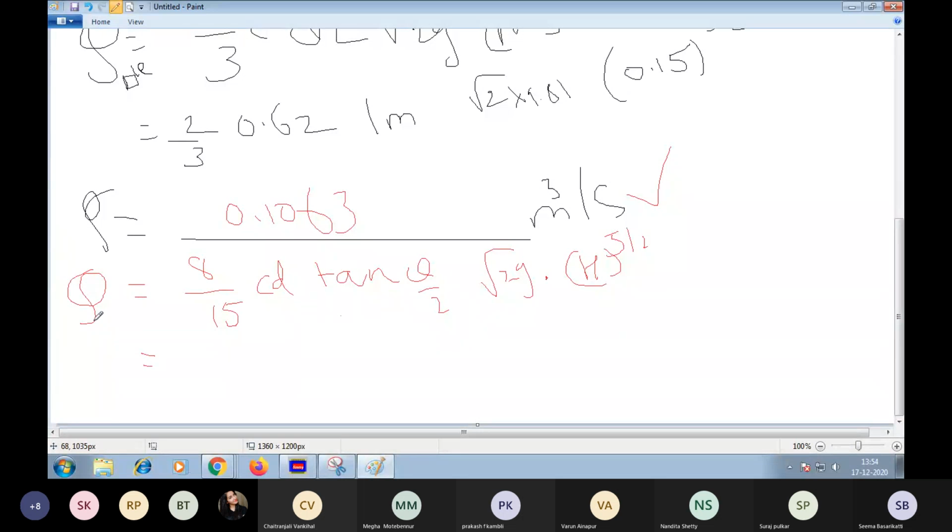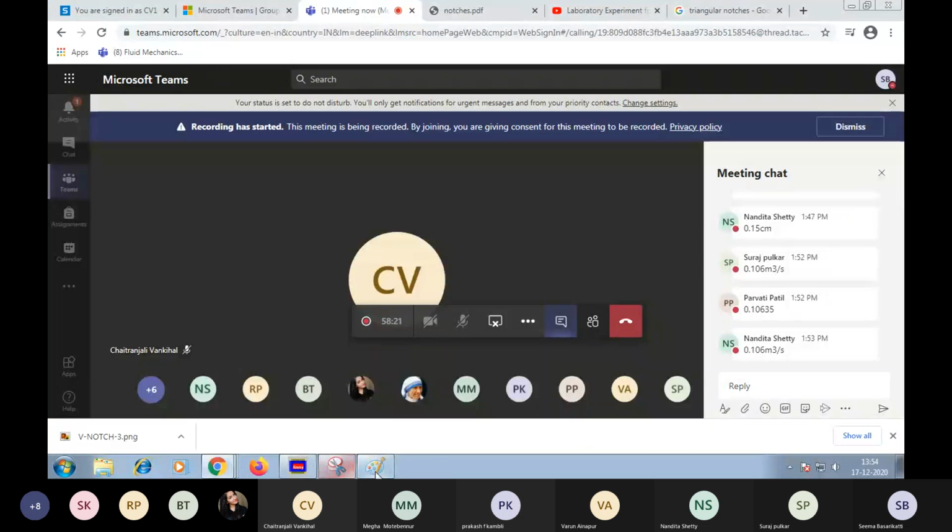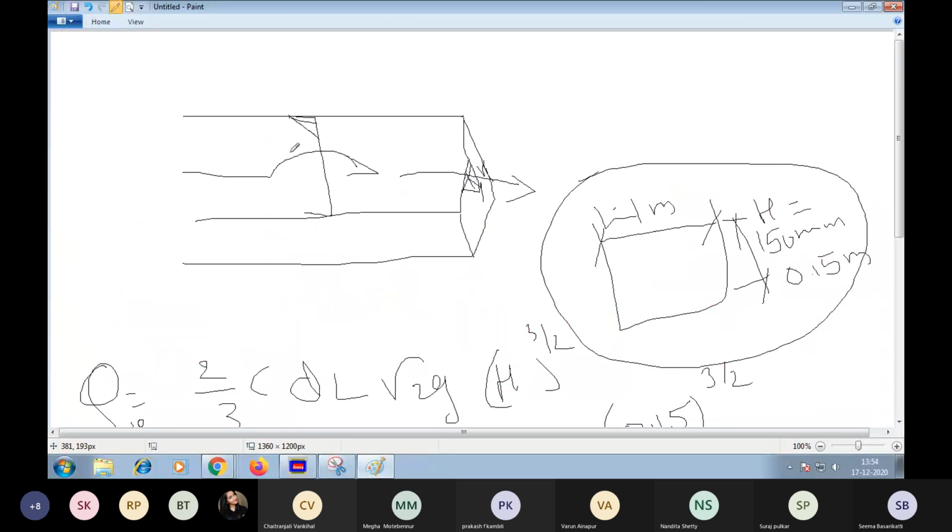Now what is the discharge here? Suppose in this example, 0.1063 meter cube per second of liquid is passing through the rectangular weir. If the input is this much, then what will be the output?